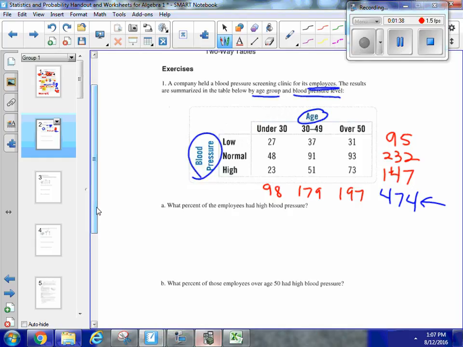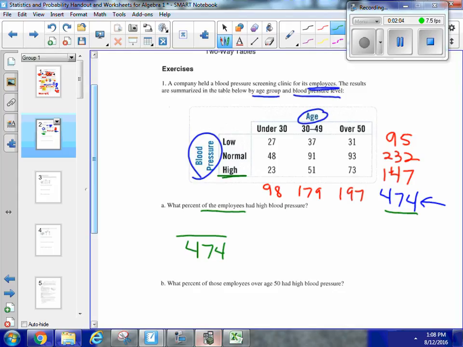So the key thing here, I've got to read the question carefully. It says, what percent of the employees? So when I see "of the" something or other, it's telling me what my denominator is. Well, of the employees, I have 474 employees, so I know my denominator is going to be 474. What percent of them had high blood pressure?